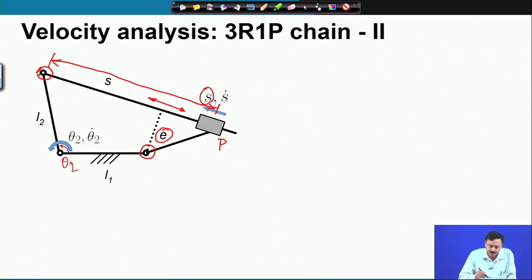If I number the links, the ground is 1, this link is 2, then 3 and this is 4. So, this prismatic pair is between links 3 and 4, and at the other end of link 4 we have this revolute pair, and on the other end of link 3 we have the other revolute pair. It is the distance between these two revolute pairs measured perpendicular to the direction of sliding. So, that is the offset.